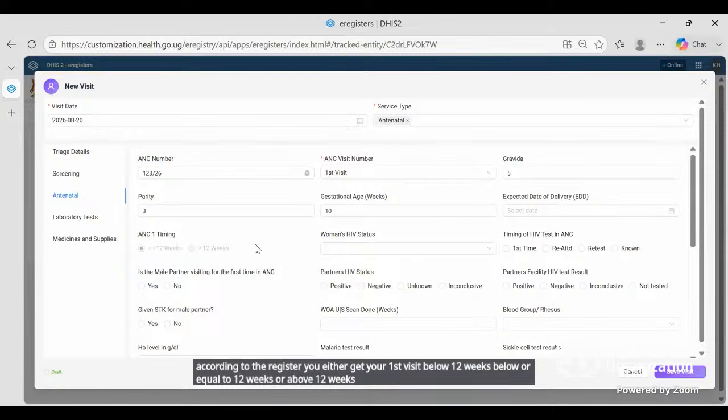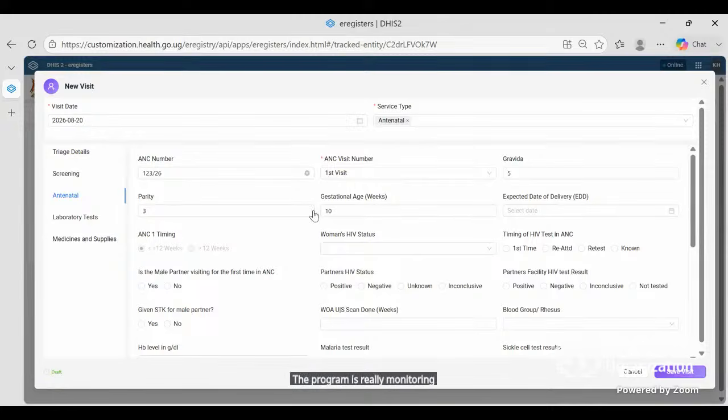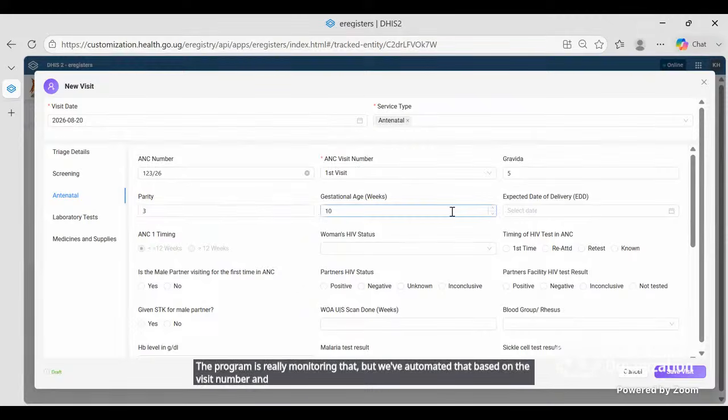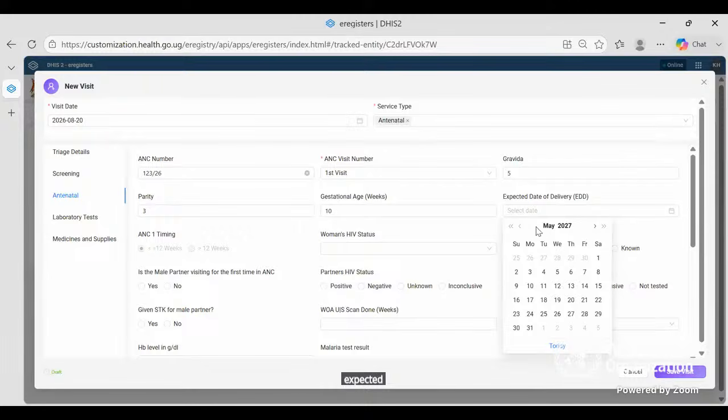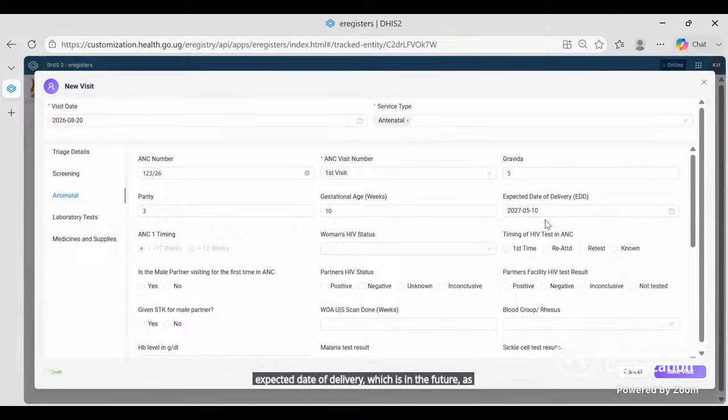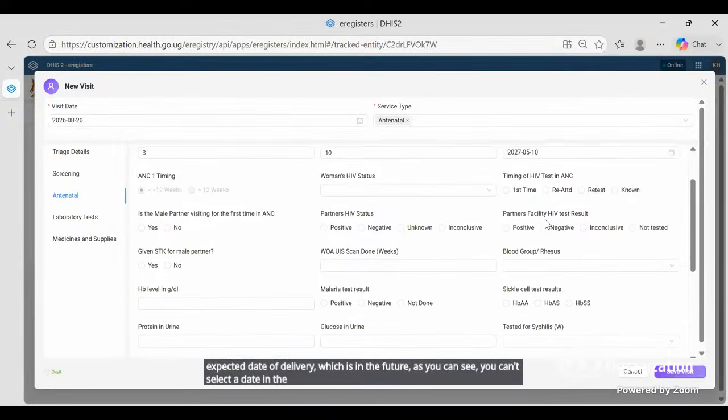The program is really monitoring that, but we've automated that based on the visit number and the gestation age. And then you can select the expected date of delivery, which is in the future. As you can see, you can't select a date in the past. I'll just put a date there.